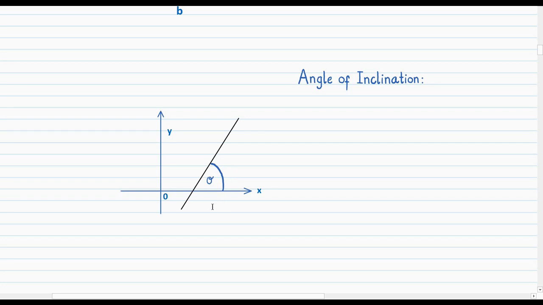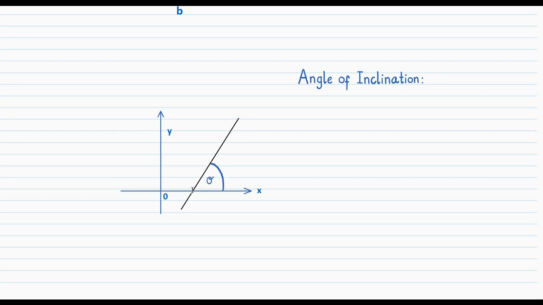So for example, in this case, this angle wouldn't be the angle of inclination, because even though you'd be going in an anti-clockwise direction, you'd be starting from the negative x-axis direction, meaning the left side. So you think of the x-axis relative to the point where the line touches the axis.